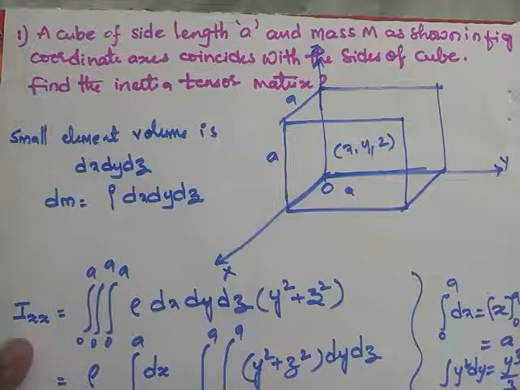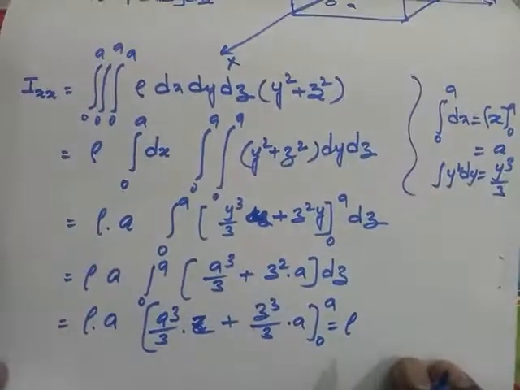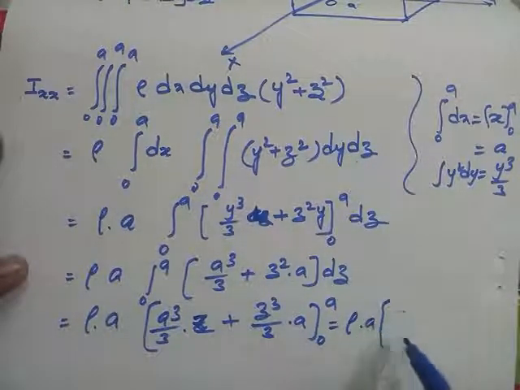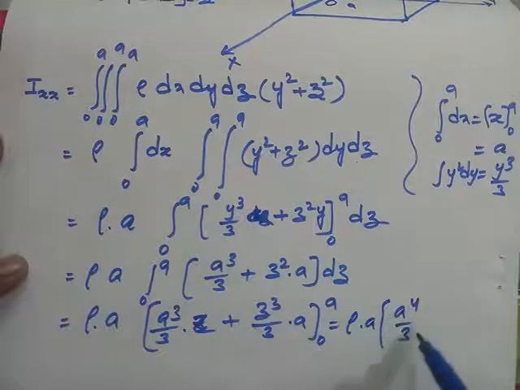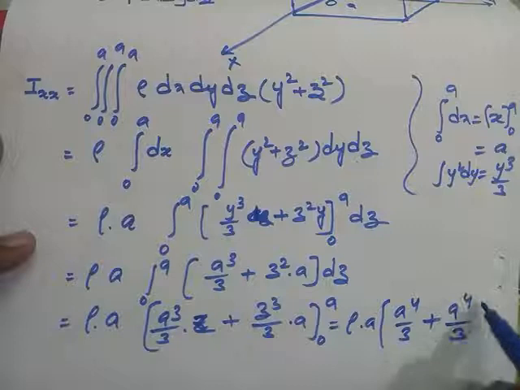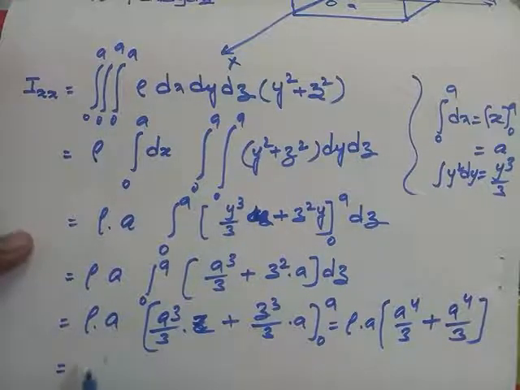Substituting limits, we get rho into a, a to the power of 4 by 3 plus a to the power of 4 by 3. Finally Ixx is rho into 2a to the power of 5 by 3.